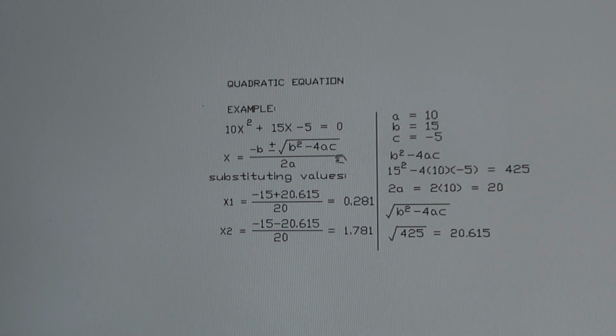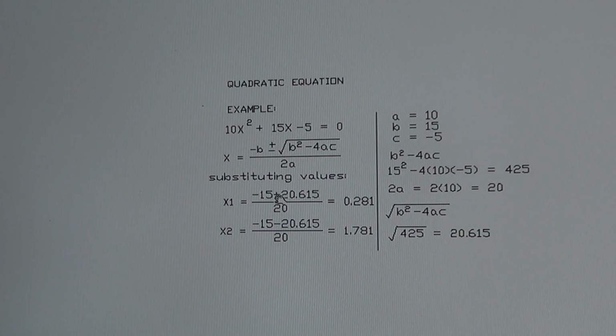Here's the formula. A is 10, B is 15, and C is minus 5. First you have to solve this: b squared minus 4ac equals 425, and 2a is 20. You have to calculate all that first before you substitute it into the general equation. There are two signs here, plus and minus.